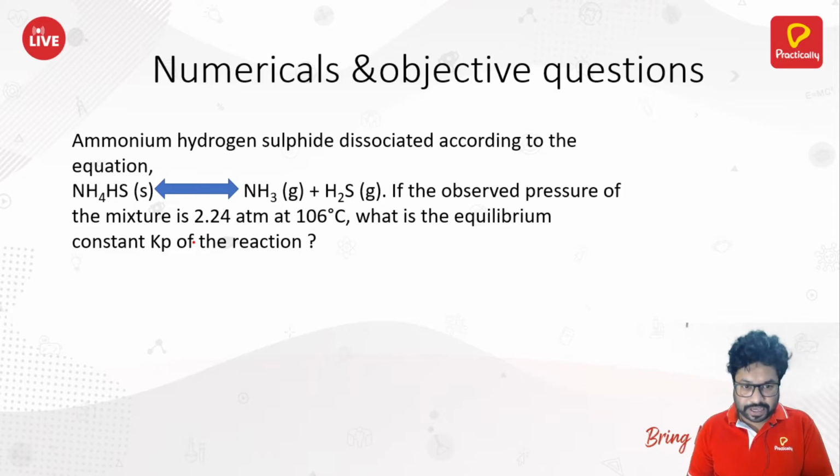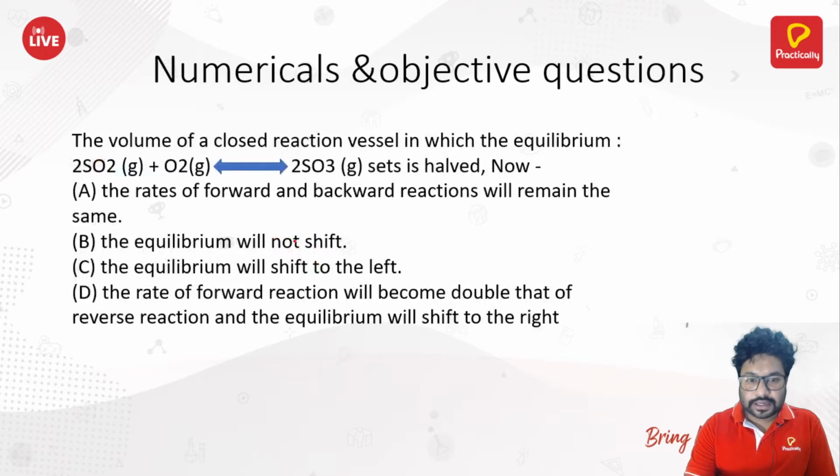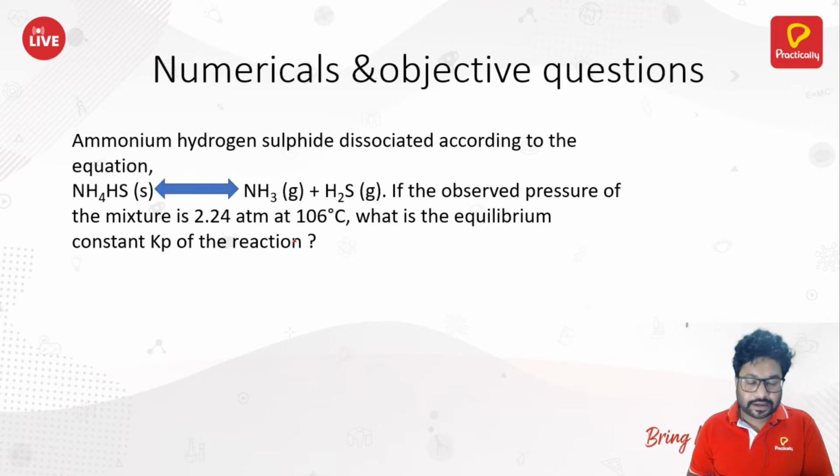Now again the Kp. See, this reaction does not have much of a catch here. Your Kp is basically equal to what? Kp will be equal to the partial pressures, right? Now partial pressures of what?